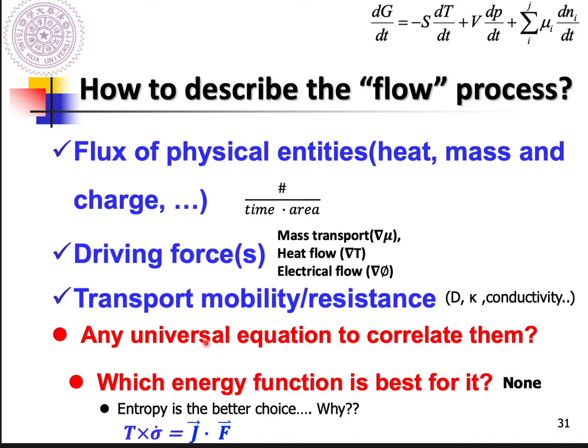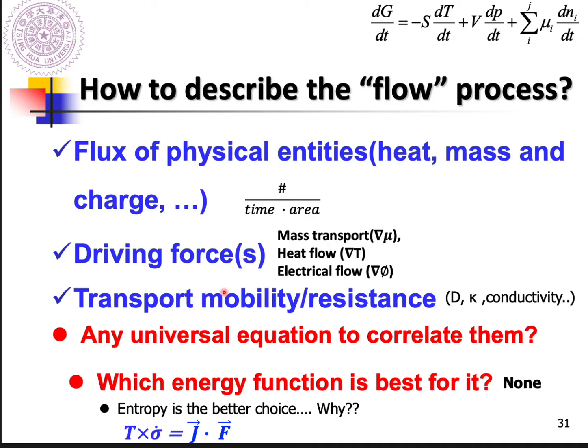And by the way, some people will say, this equation combines the flux and driving force, but professor, how about the intrinsic material property? Where is it actually? The intrinsic material property effect is already embedded in the flux term.